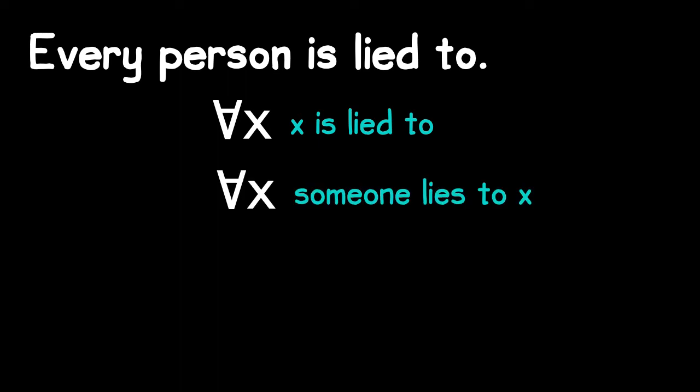Now consider this sentence. Every person is lied to. This says that everyone has a feature, so we start with a universal quantifier. For all x, x is lied to. We don't have a predicate for x is lied to. So we can paraphrase what we have, though, to make explicit how we're going to say it. X is lied to means someone lies to x.